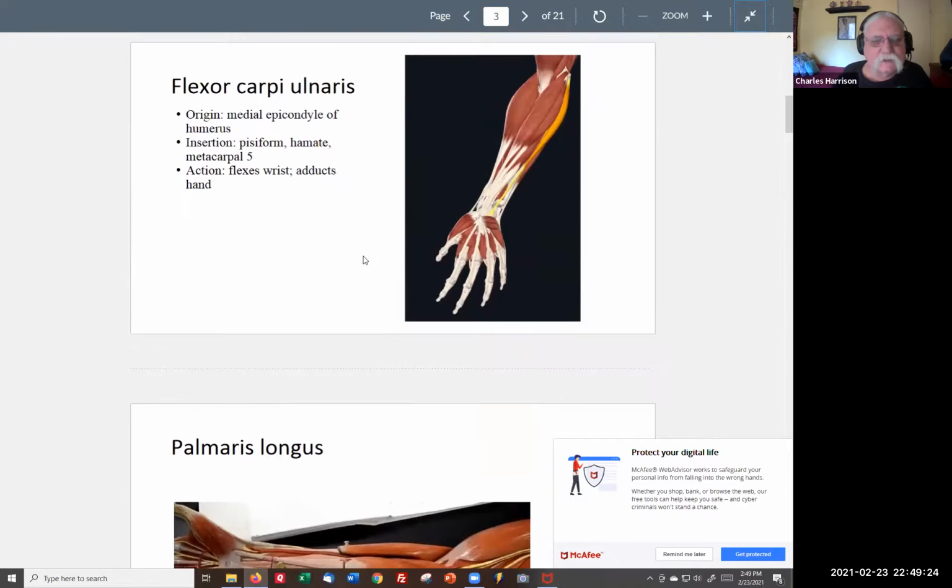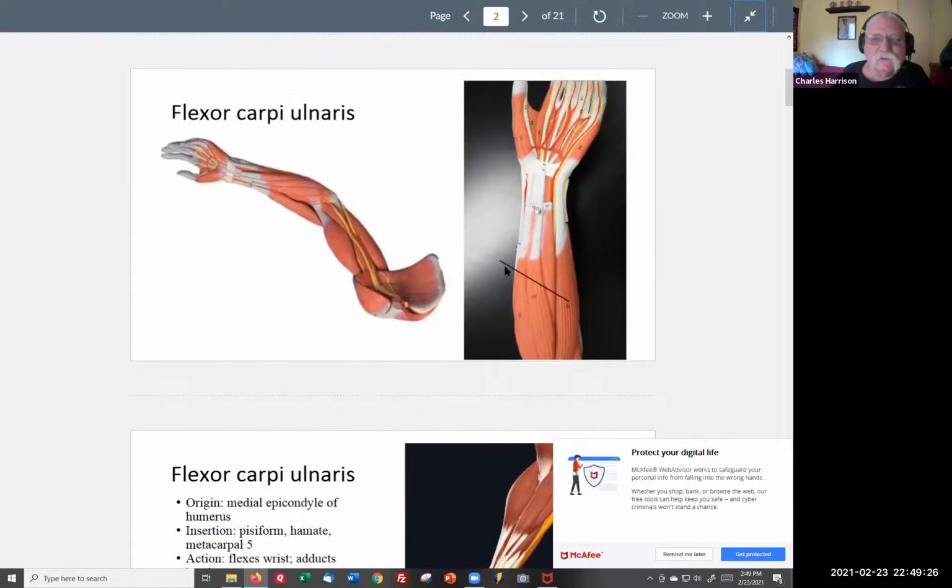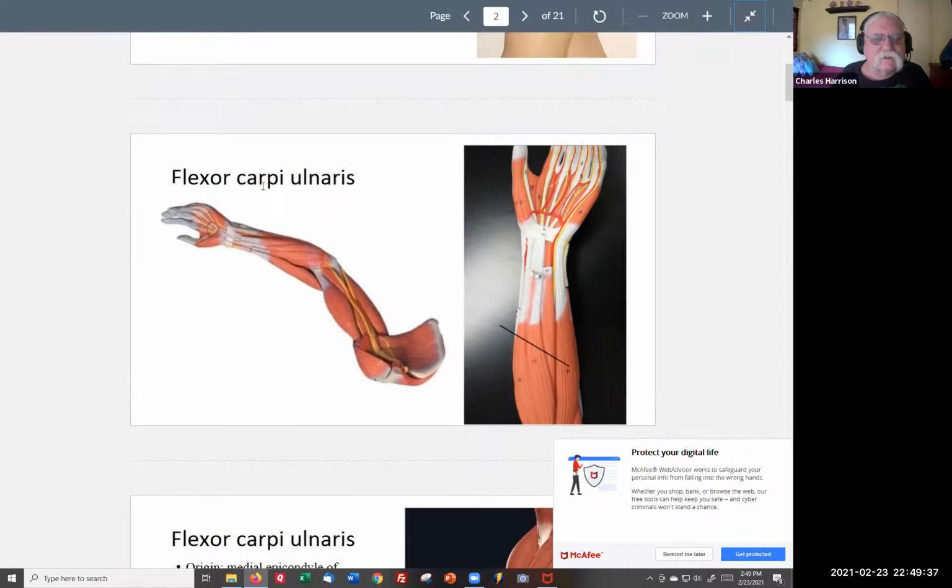Okay, I'm just taking a quick look to see which way the author did this, because I took these pictures, but I didn't put this part together. Okay, flexor carpi ulnaris. A flexor muscle does just that. It flexes.